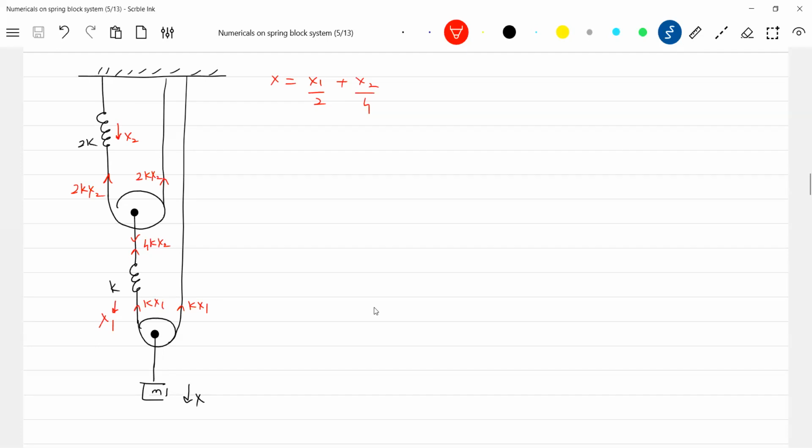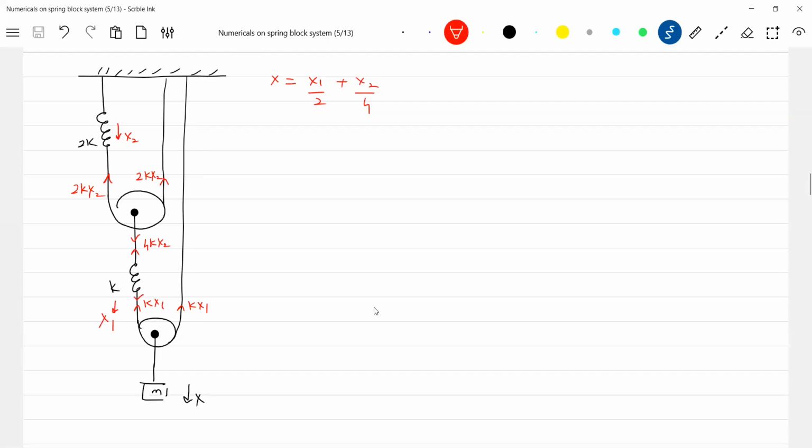What is the trick I should use now? It should be like this, no? Anybody? Will you write any equation? 4kx2 should be equal to kx1.